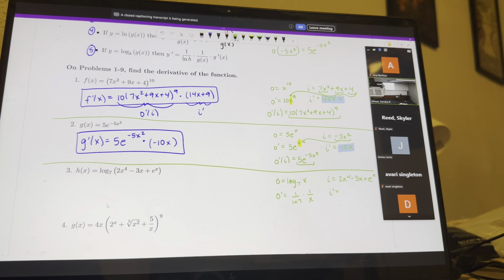I prime, we see I is a sum and difference of 3 functions, so we can just find the derivative of each piece and leave the sign in between. 2x to the 4th, that is a power function, so we can use the power rule. That becomes, the 2 stays out in front, and then that 4 comes down, so we have 8x cubed minus the derivative of 3x, it's just 3.